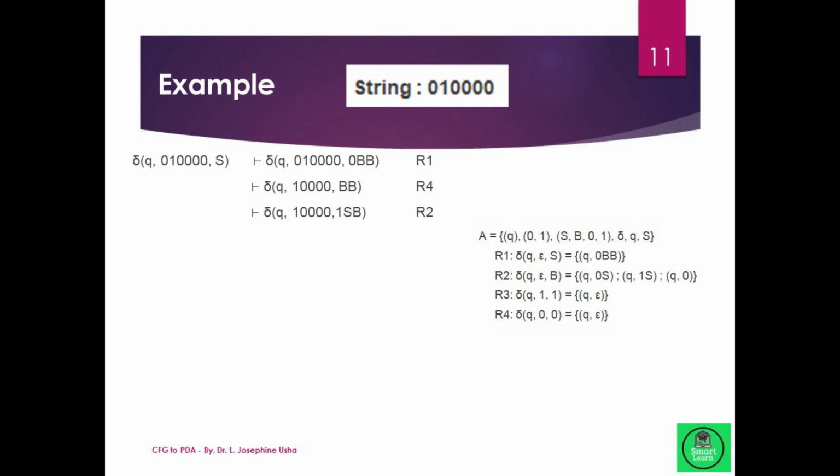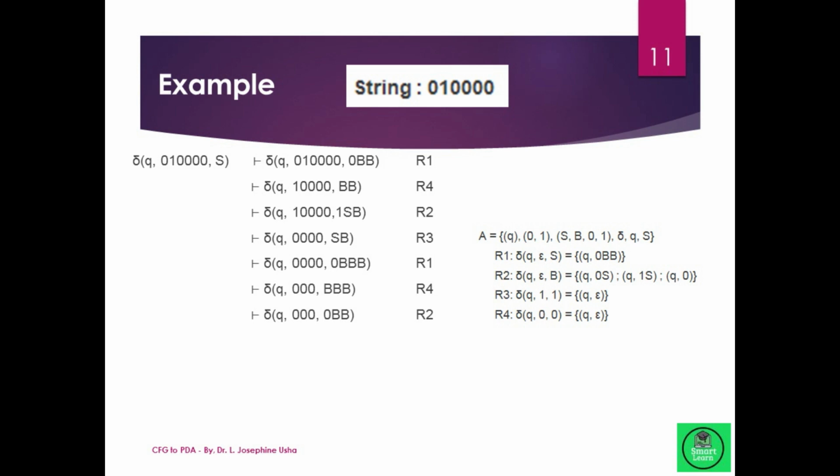Now on top of the stack the symbol is 1, and the current input symbol is 1. Both are matched, so you pop the symbol using rule R3. Then on top of the stack we have S, a non-terminal, so you replace it by its production 0BB. Again there is a match, 0 and 0. Both symbols are matched, so you pop the symbol from the stack using rule R3.